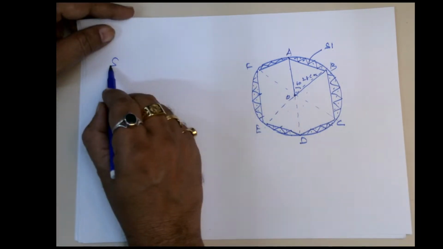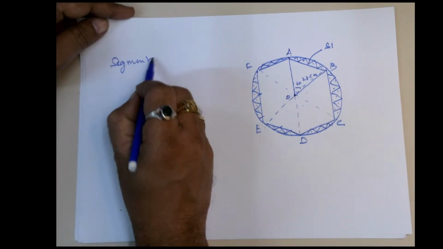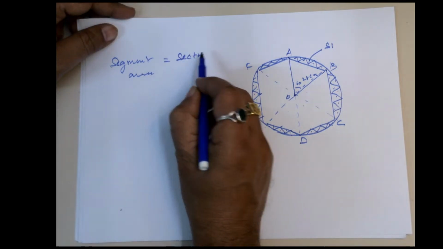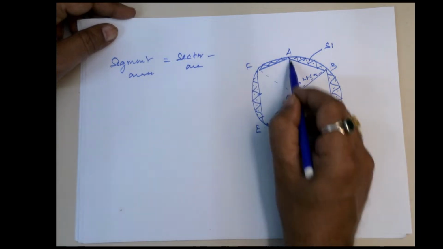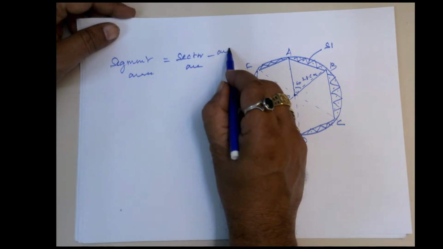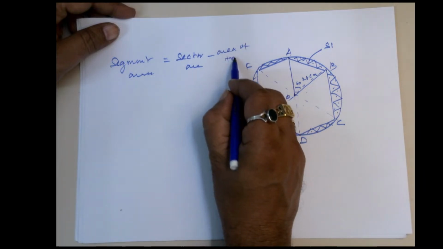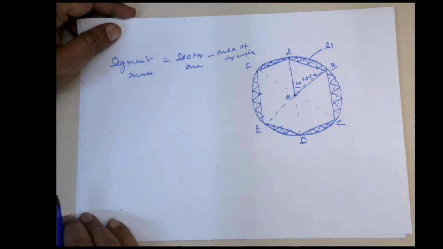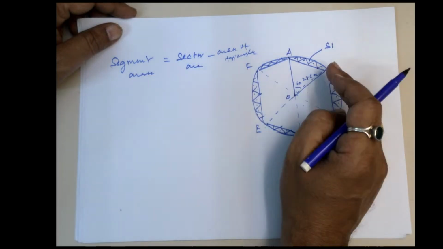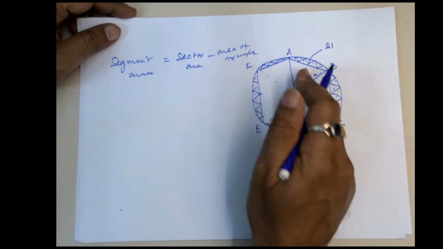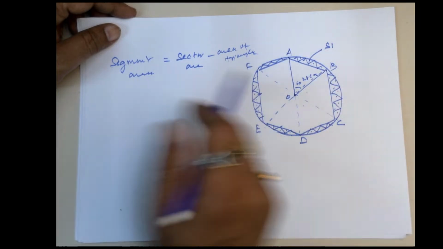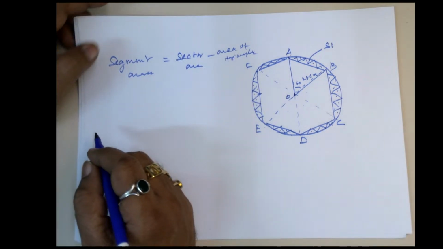Calculate segment area. Segment area is equal to the sector area minus the area of a triangle. In this case, equilateral triangle. So area of triangle. Okay. So try to find out the answer for this. In this case, I am insisting on finding out the area of the designed, that is the patterned area only. Okay. Clear?